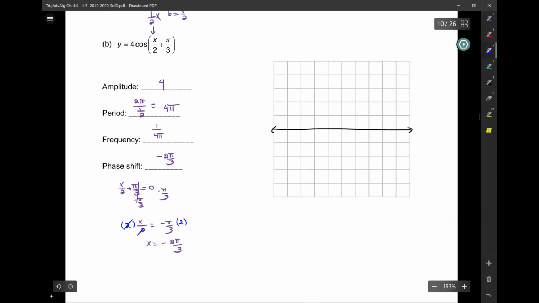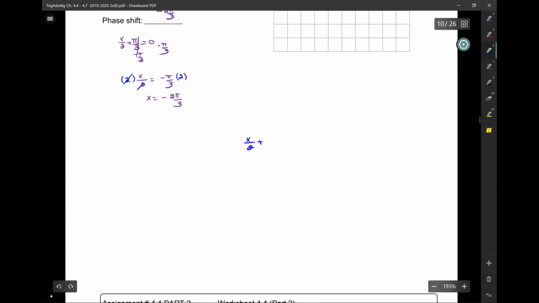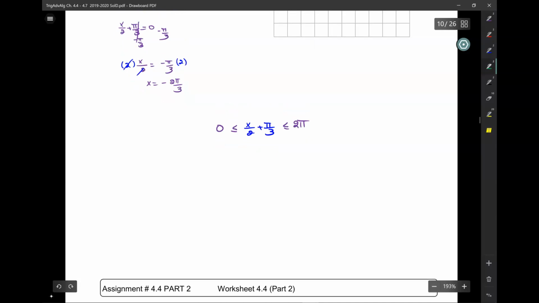So we're going to take x over 2 plus pi over 3 and then set it from 0 to 2 pi. Okay, so here's where we have to do some math, right? Okay, minus pi over 3. I get negative pi over 3. Okay, here, how am I going to do 2 pi minus pi over 3? Common denominator.